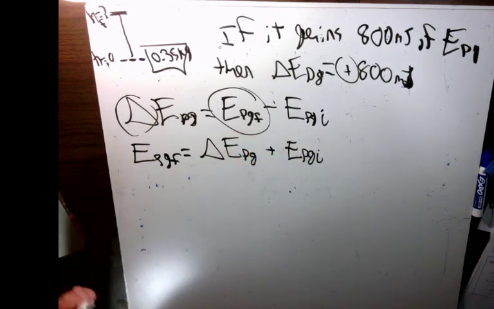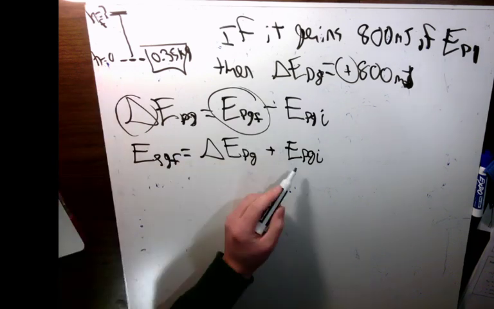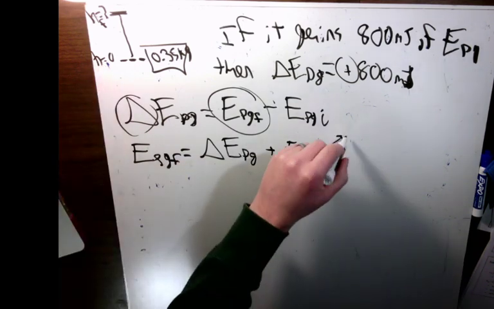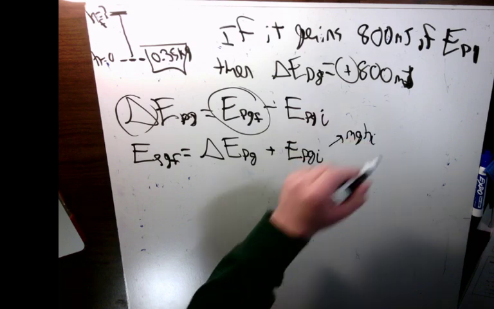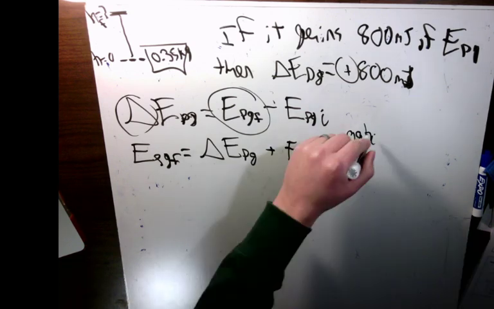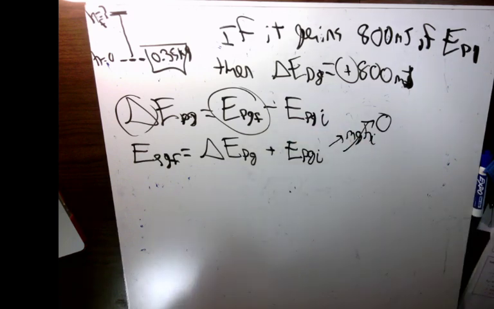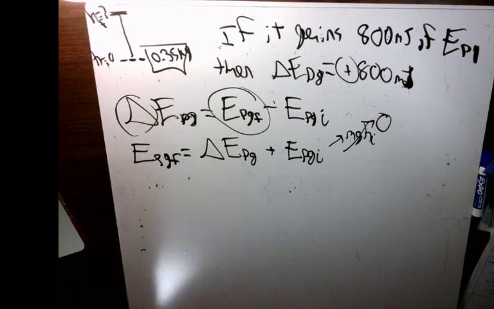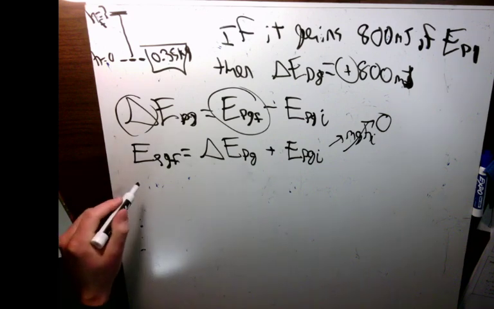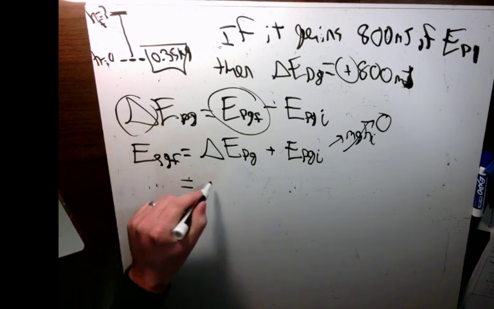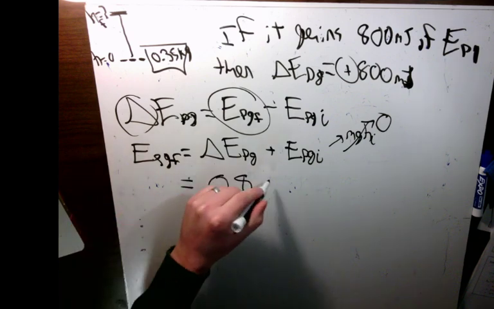Since I started with a reference height of 0 and EPGI is equal to mghi, where hi is 0, we get 0 starting gravitational potential energy. So our EPGF is equal to 0.8 joules.